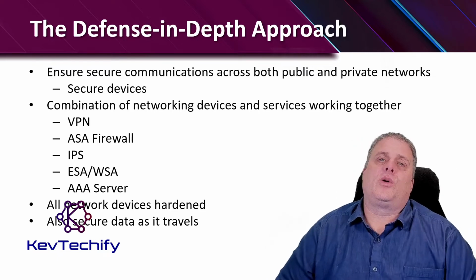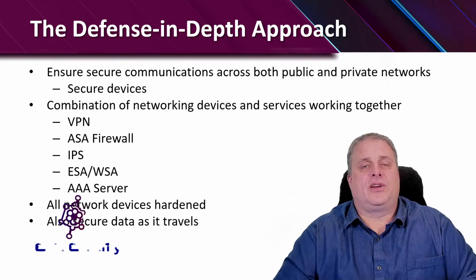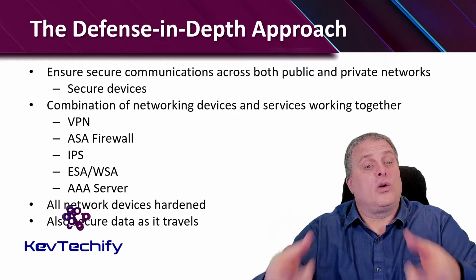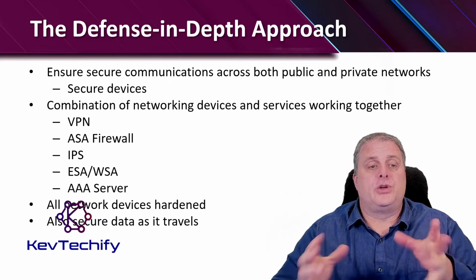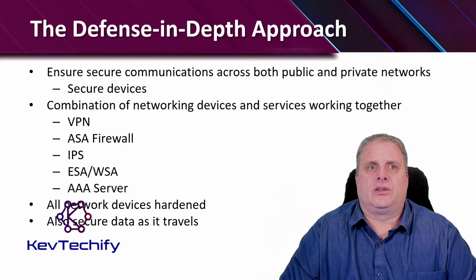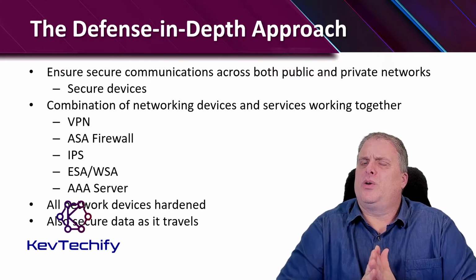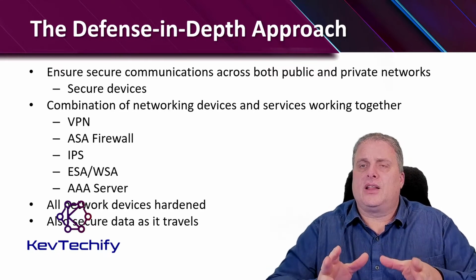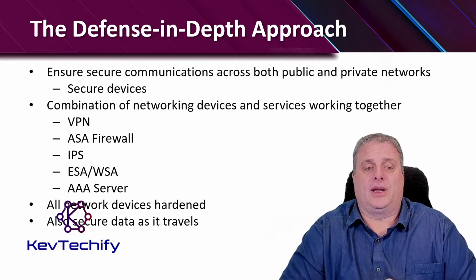Then we have firewalls to allow only certain traffic to come in or out of your network. Intrusion prevention systems look to see, hey, there's something going on in my network. Let's look at it. Let's stop this from happening.